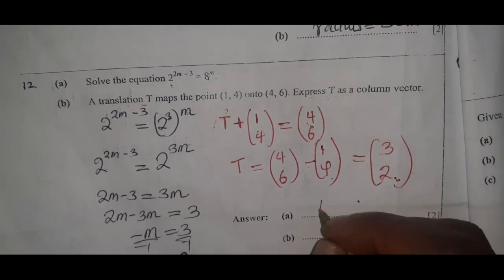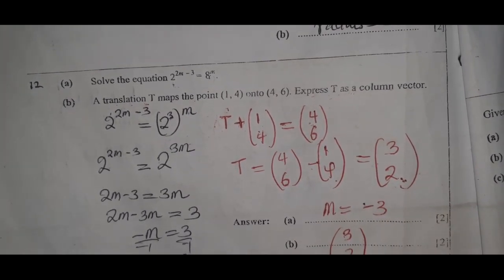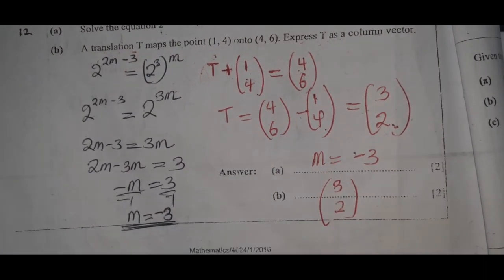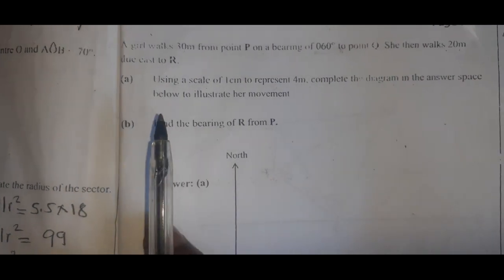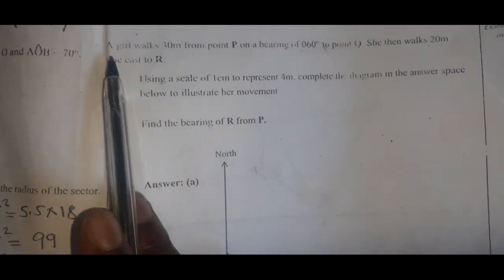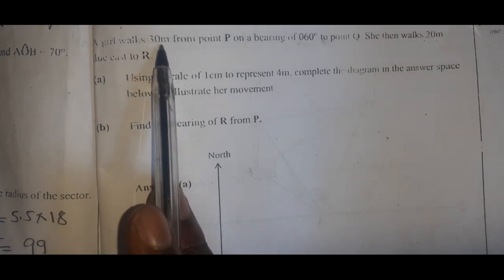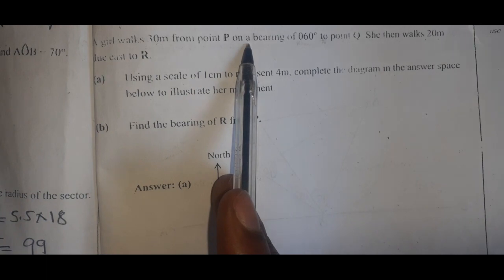Then here said M is equals to -3. Okay? So we got question 13 now. Okay, so we come to question 13, which is always on bearings. And it reads, a girl walks 30 meters from point P on a bearing.